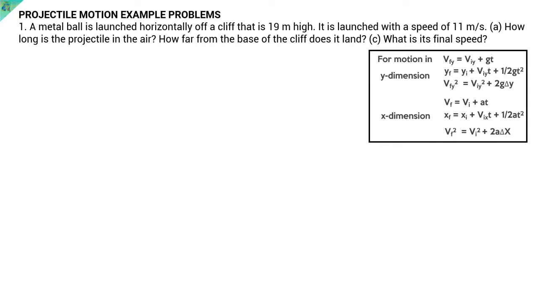Okay. So just like our previous examples, the first step that we need to do is to illustrate it, so we can visualize what we're talking about here. Okay, so this is the cliff. And this is the ball.